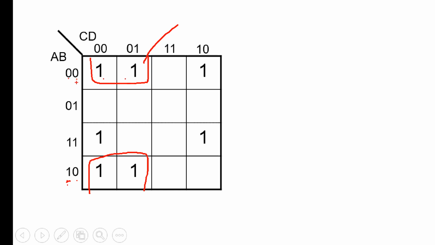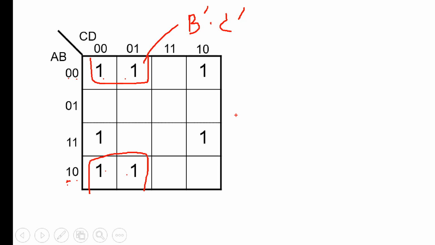This cell B is 0, this cell B is 0, right? So how to write? Yes, B prime. B prime and what? Yes, C prime. How about D? No D. Okay.